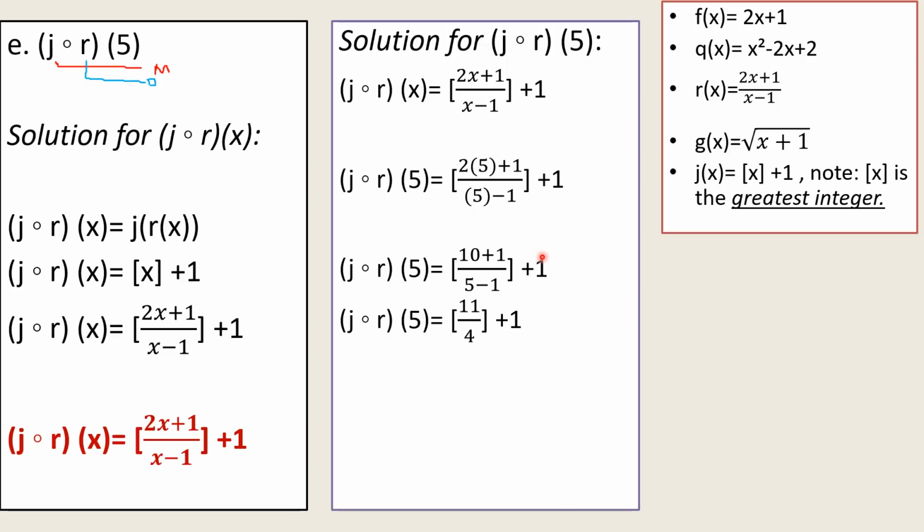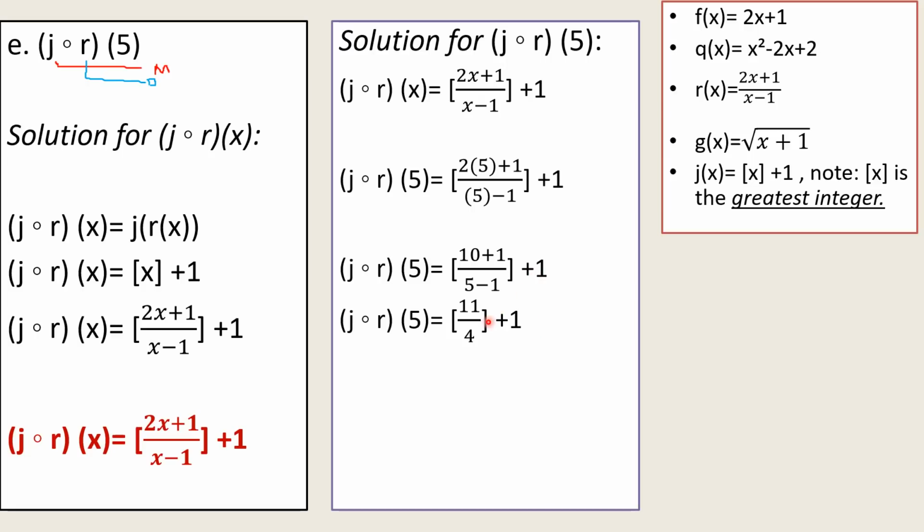Then, of course, hindi natin pwedeng ipagsama itong fraction sa loob ng bracket at saka itong whole number kasi nga mayroong condition. Ito, yung naka-bracket na ito. So, composition of J and R of 5 is equal to 10 plus 1 is 11. 5 minus 1 is 4 plus 1.